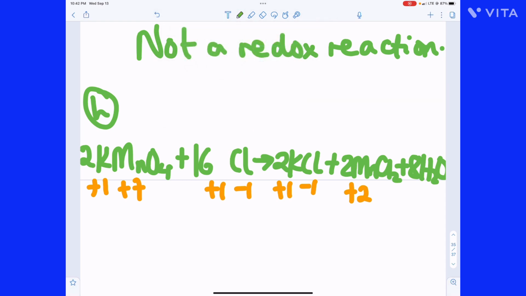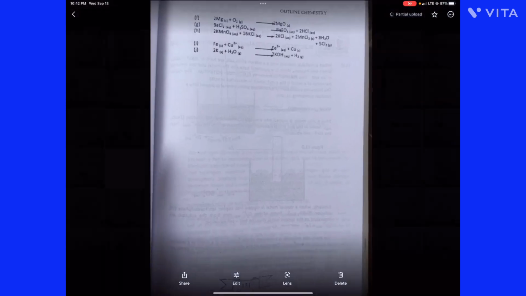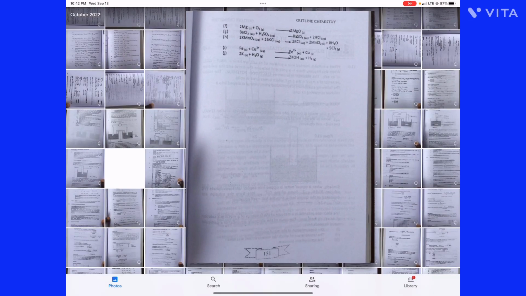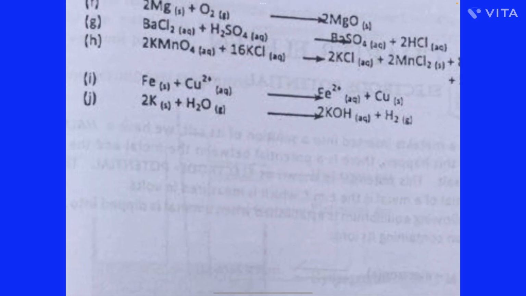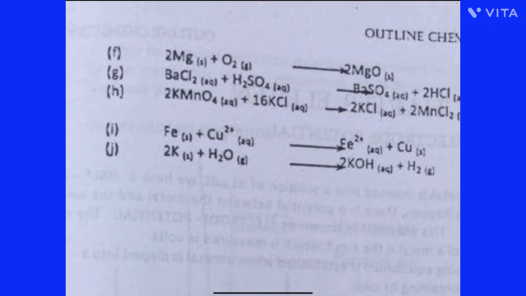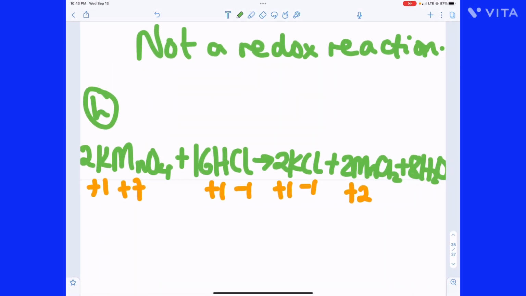It's not supposed to be KCl. This is an error in the question. The left hand side should have HCl, not KCl. So it's meant to be 2KMnO4 plus 16 HCl here. Please note that correction and make it in your textbook too.